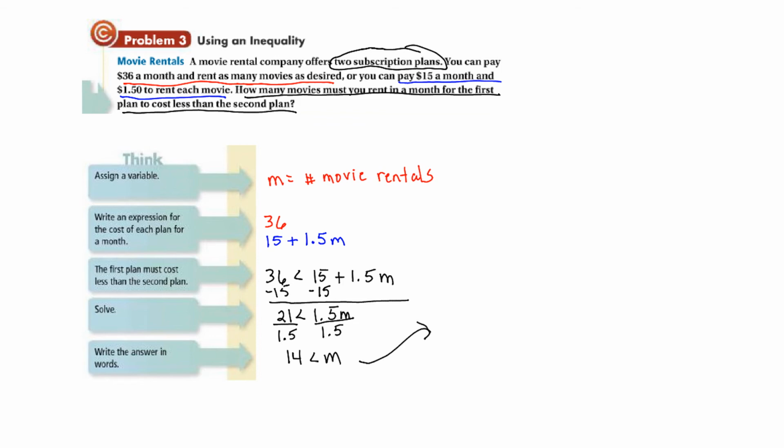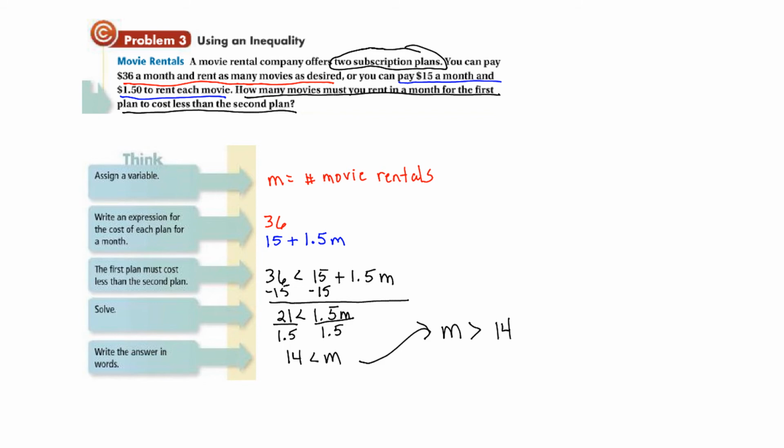So I'm going to put my variable on the left, my number on the right, and since I changed their places, I need to make sure my inequality symbol is still pointing to the same number that it does in my answer, which means it points to the 14, because what it's really saying is M is greater than 14.